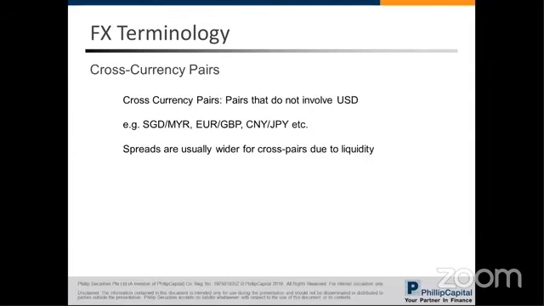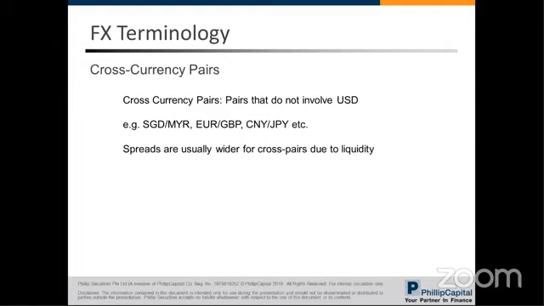There is also a term we call the cross-currency pair. These are pairs that do not involve USD. In the international space, because USD is the reserve currency, we use it as the main currency to compare direct and indirect quotes. A cross-currency pair is quoted as two different currencies, like Singapore SGD and Malaysian ringgit, or euros and British pounds, the FX rate.